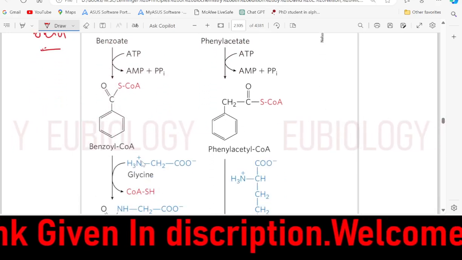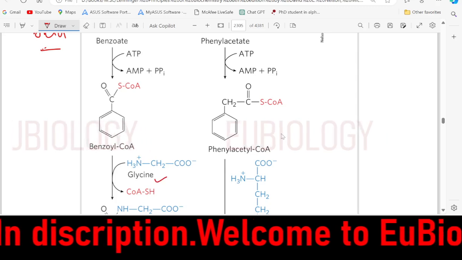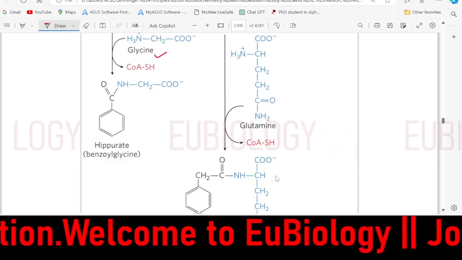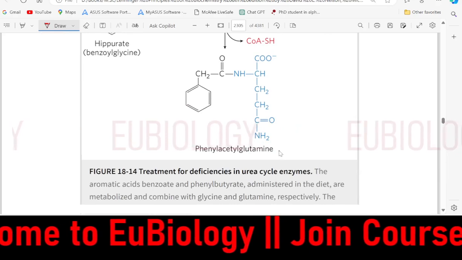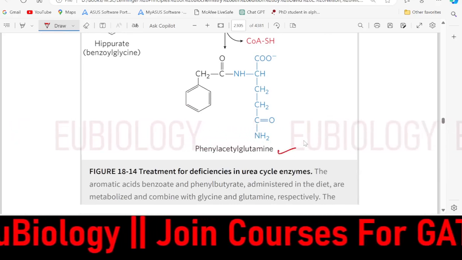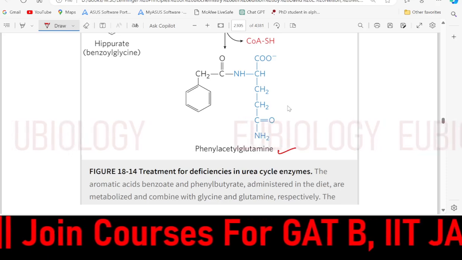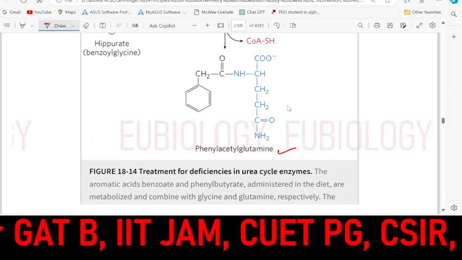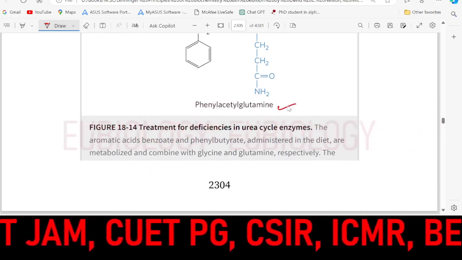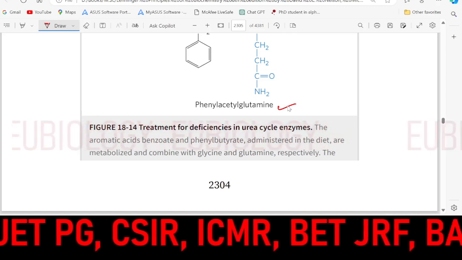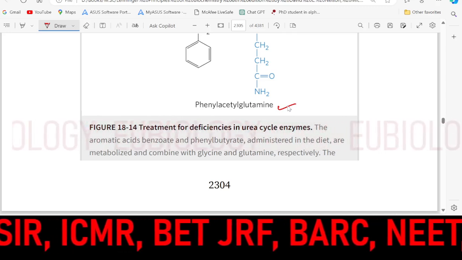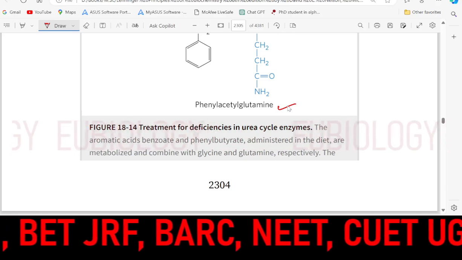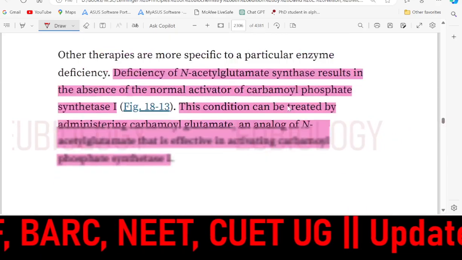The most important amino acid is glutamine, which gives you glutamate, and finally glutamate gives you ammonia and alpha ketoglutarate, as we already saw in the beginning videos. Finally the ammonia concentration will decrease in our blood and the person can be cured.